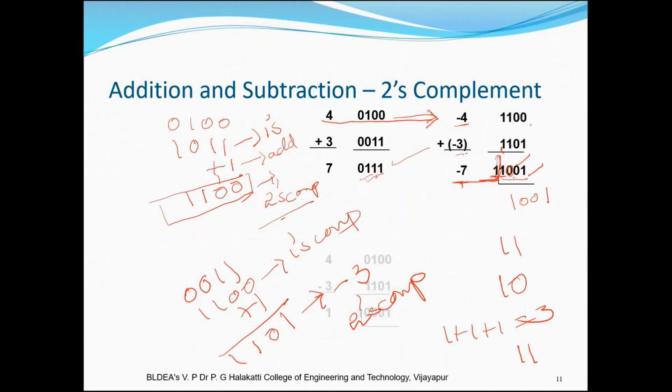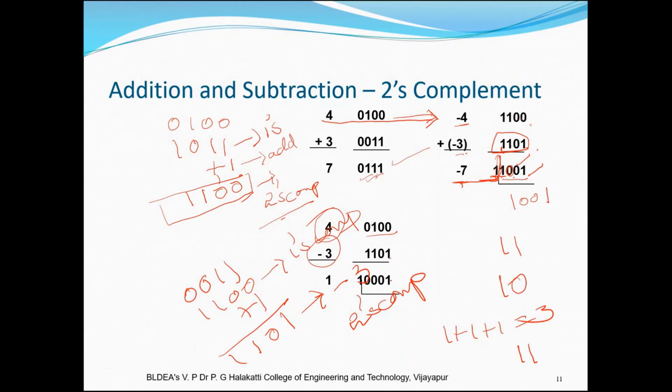So coming to the next one, we have +4 to be added to -3. Now as I told you, +4 representation is the same. So it is simply 0100, whereas -3 we just calculated, it is 1101.